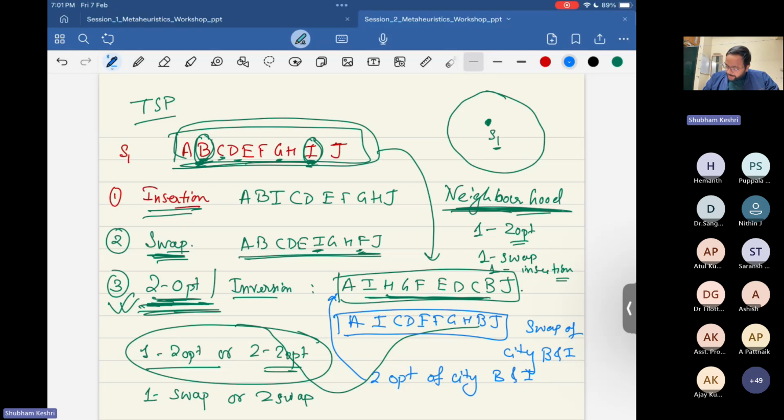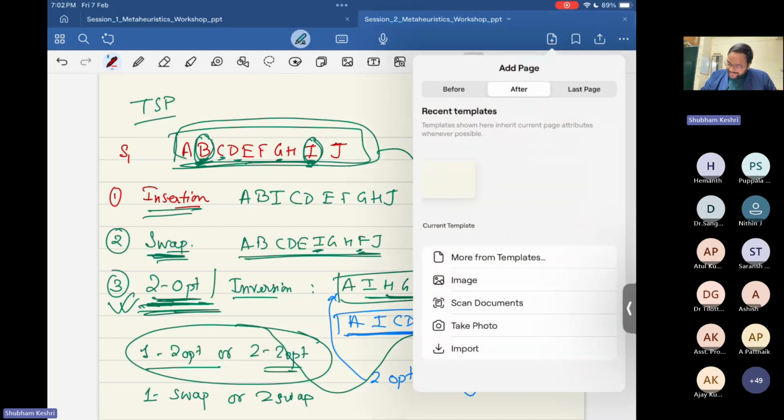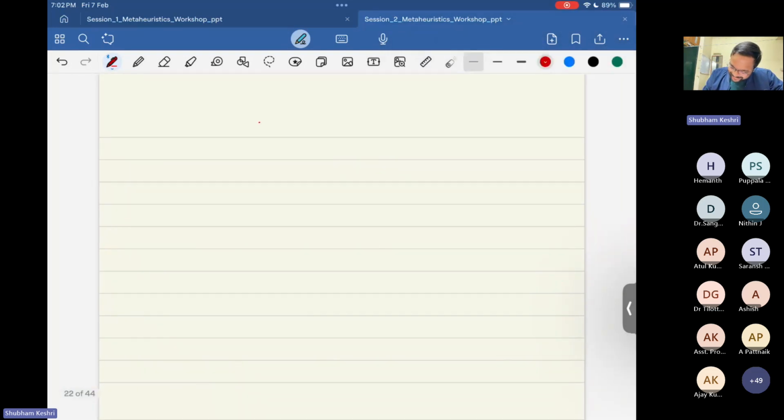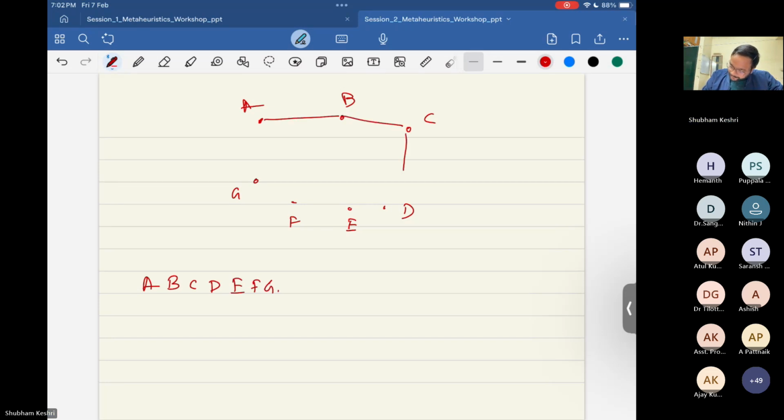Yes. You will understand this better when you do it in a graph. I don't know if I will be able to do it correctly or not, but you can take A, B, C, D, E, F, G. So first my solution is A, B, C, D, E, F, G. Initially this is my solution.